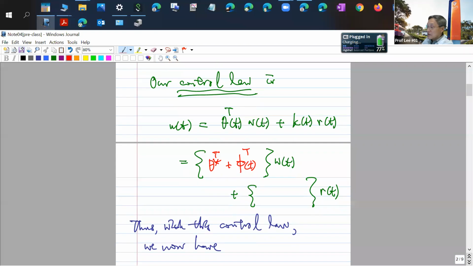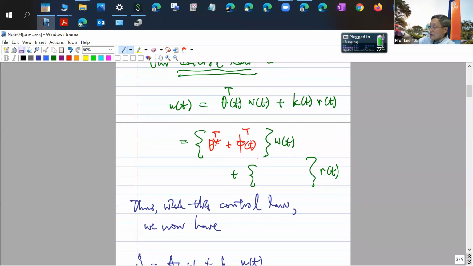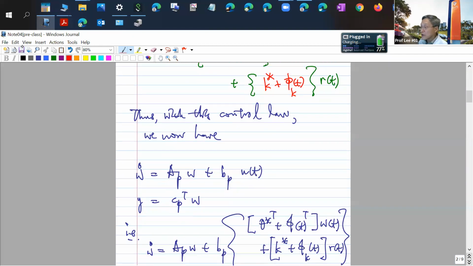Similarly for this part, I separate out the perfect number, K star, plus also the parameter error in K. So it will be exactly like this. Then I will go on carefully, tracking all of that, all the time reminding myself that I'm working with a non-minimal realization, so that I don't forget.